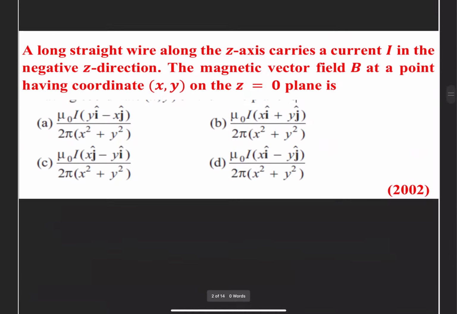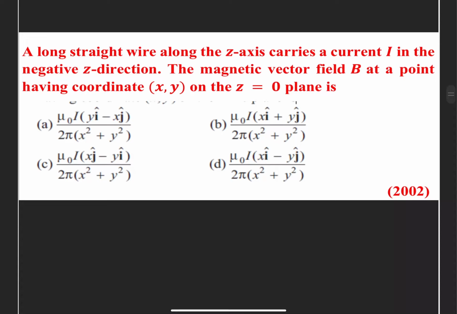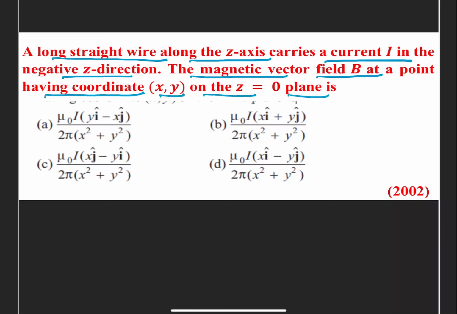Now we come to the next question, and it states that a long straight wire along the z-axis carries a current I in the negative z direction. The magnetic field vector B at a point having coordinate x, y on the z equals 0 plane is.